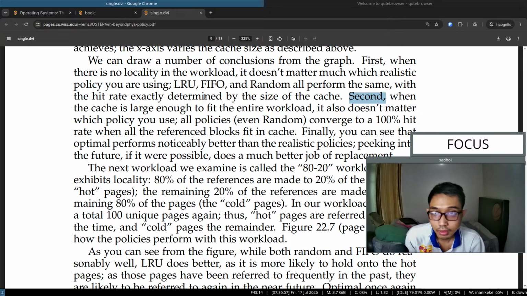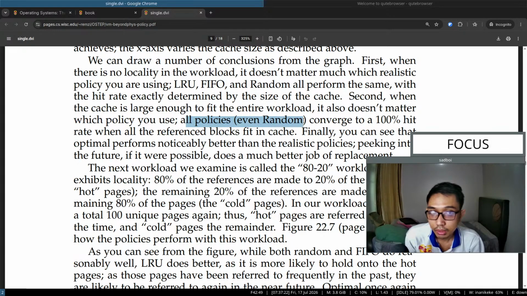Second, when the cache is large enough to fit the entire workload, it also doesn't matter which policy you use.